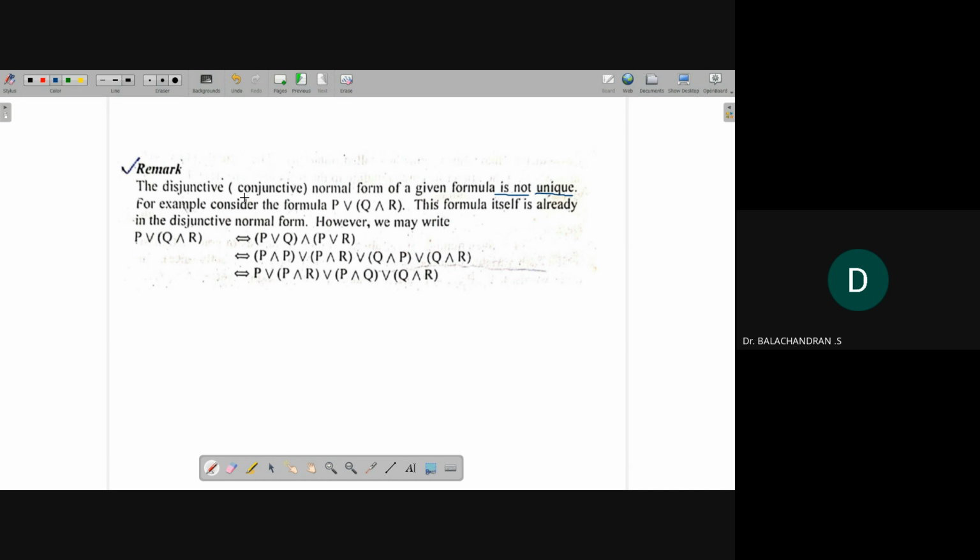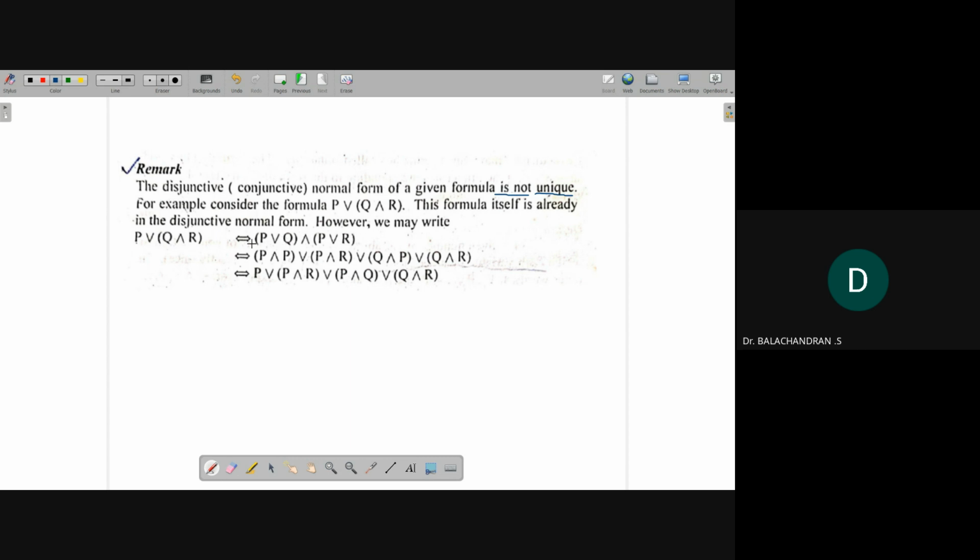Okay, for example, consider the formula P and R, Q and R. If you take this one, this formula itself, this is a sum, this is a product. So that is in DNF. Already this is in DNF. Now using the distributive law, you can write P R Q and P R R, from here to here by the distributive law.